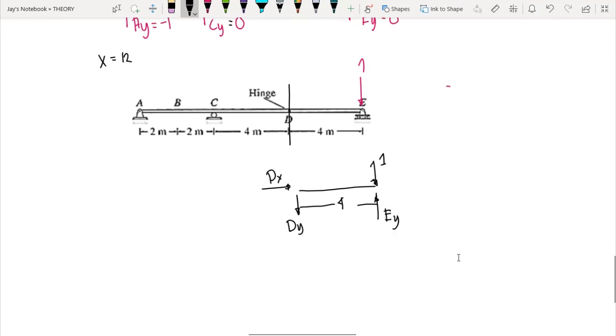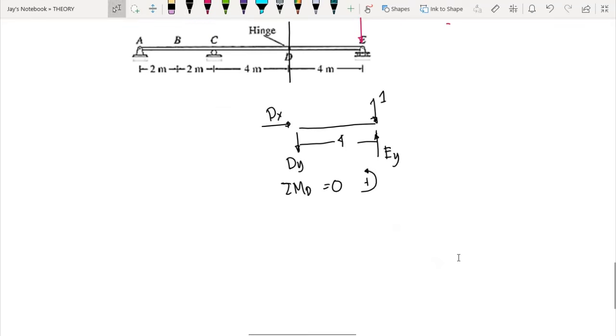So if we sum up moment at D is equal to 0, counterclockwise positive, this would give us EY times 4 minus 1 times 4 is equal to 0. We have EY is equal to 1.